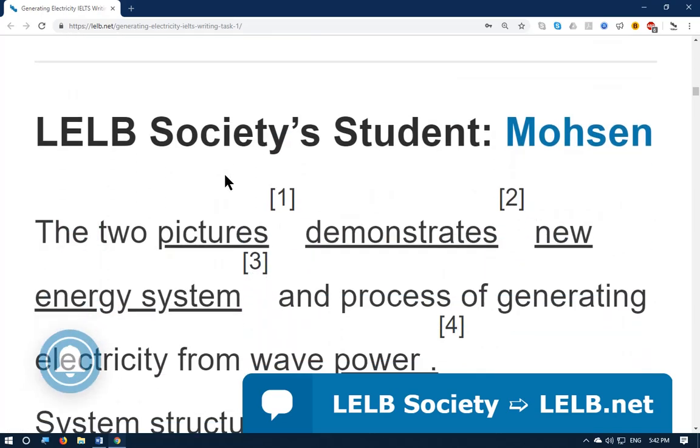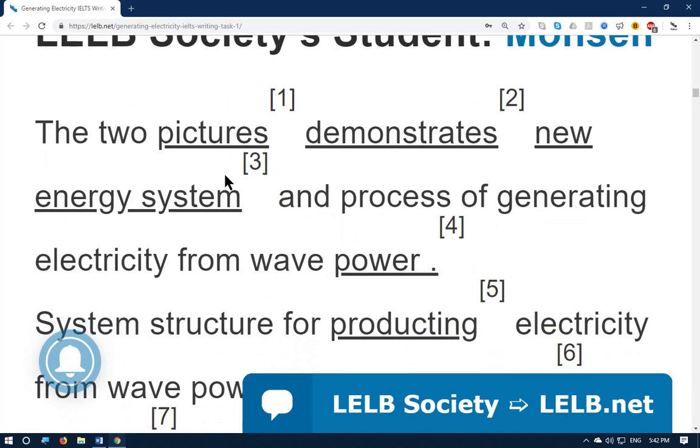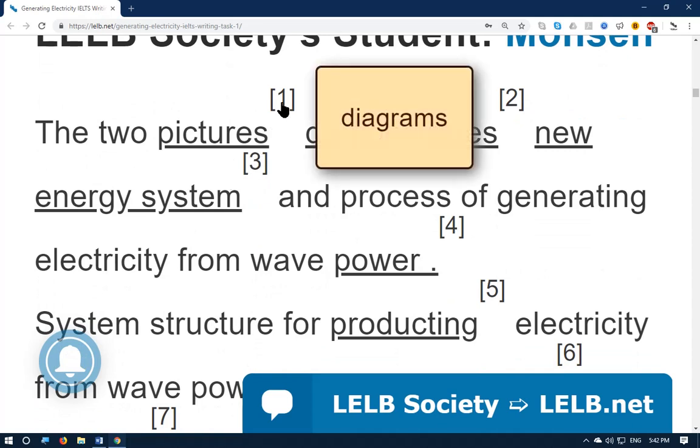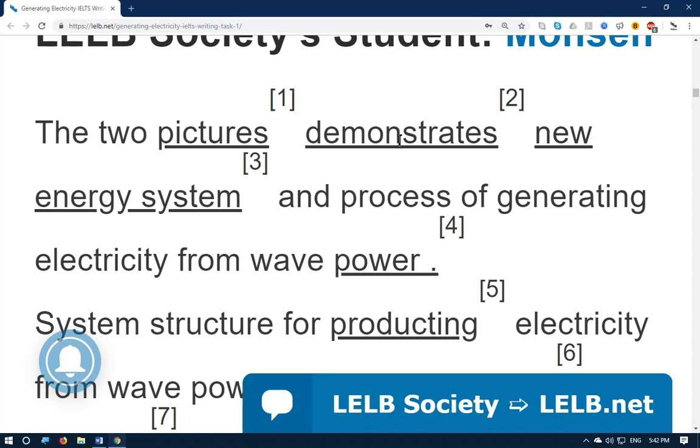Alright, so his name is Mohsen. The two pictures, first of all, it must be diagrams. Diagrams demonstrates, so a violation of agreement. Demonstrate, because the subject is plural.